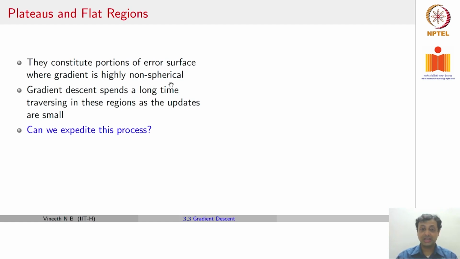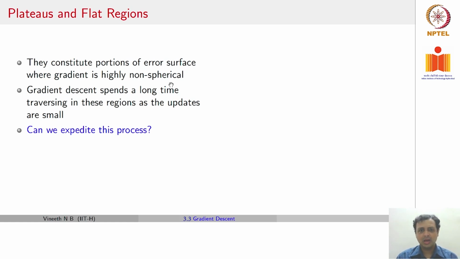Now, if all of those gradients have similar values at a particular weight configuration, you would then say that that area of the error surface is spherical because it all has equivalent values in all dimensions. But when you go to a plateau or a flat region, you're going to have very largely elliptical shapes where in one dimension things move very slowly, whereas in another dimension things could move rapidly. That's what we mean by non-spherical in this particular context.